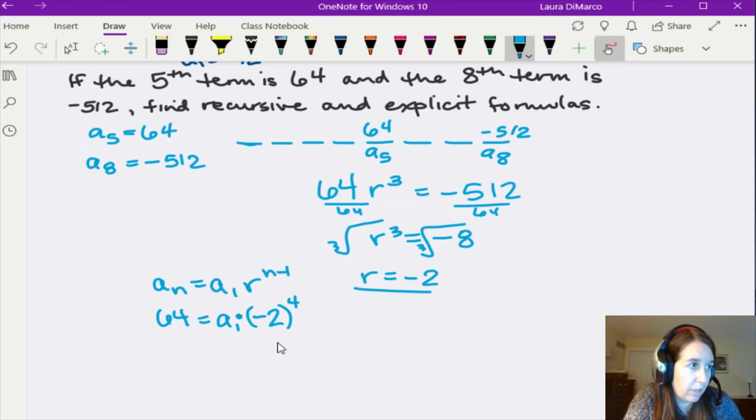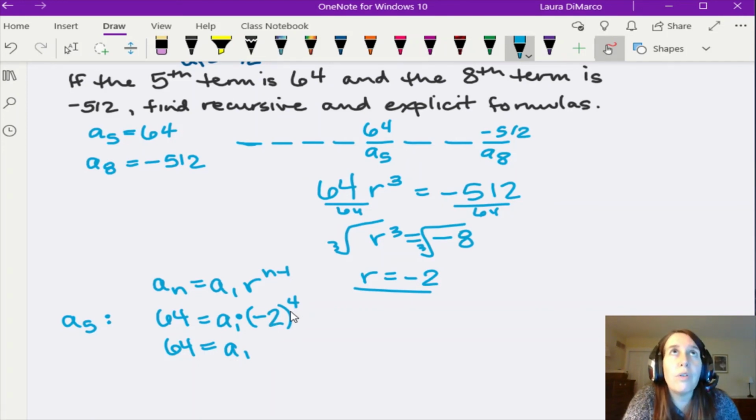I could also use the eighth term. So I can find a sub 1 because that's the only thing I don't know in this equation. So this is 64 equals a sub 1 times -2 to the fourth, which is +16, right? So times 16. So a sub 1 is equal to 64 divided by 16, that's 4, right?